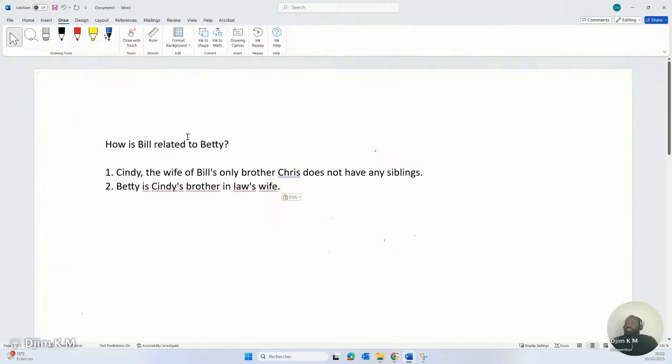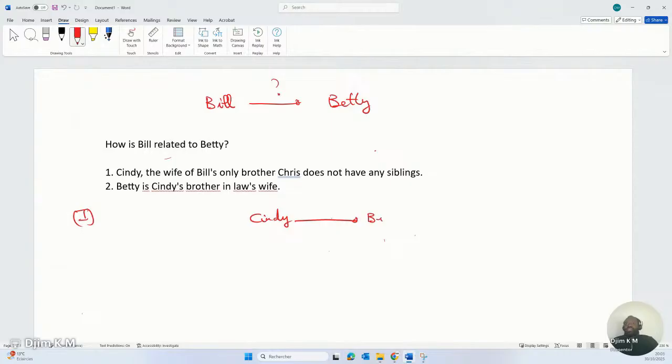Okay, the first condition says, so we need to find the relationship between Bill and Betty. So the first condition says Cindy. So Cindy here is related to Bill and she's the wife of Bill's only brother, Chris.